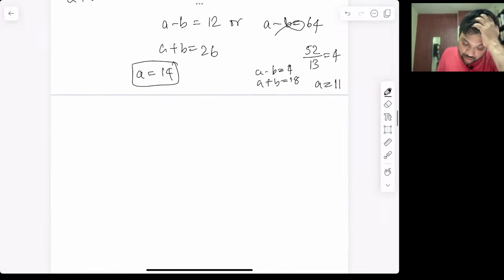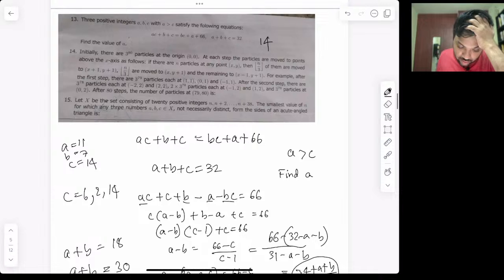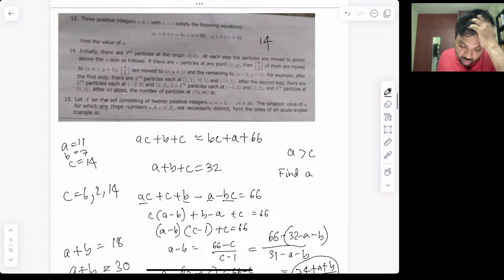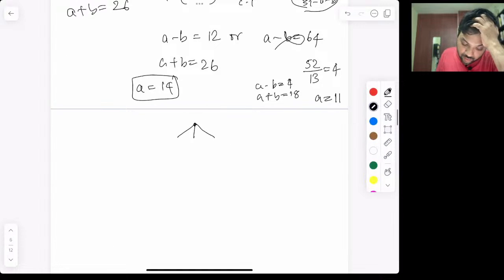So essentially, if you are here, then n particles at x, y, you move to x plus 1, y plus 1, x, y plus 1, and so on. So basically 1/3, 1/3, 1/3. Yeah, that's correct. So then you do this.